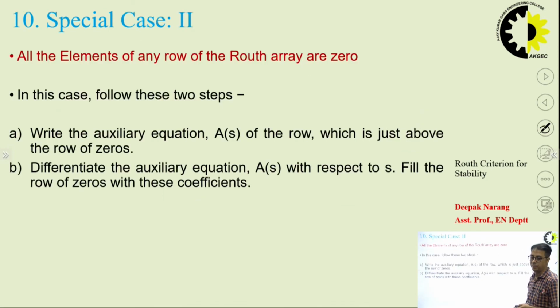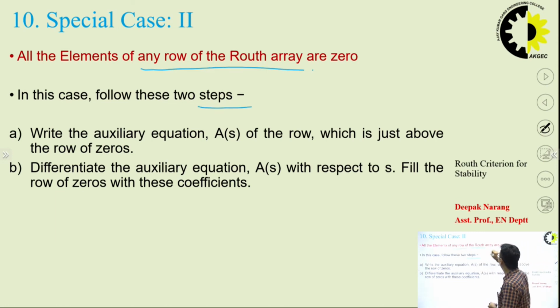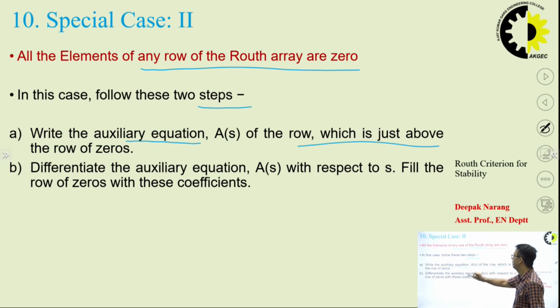This is case number 2. In this case, the complete row of the Routh array becomes 0. So we need to follow an extra step to solve this Routh array. For this, we need to obtain one auxiliary equation, and that equation is just above that row which has become complete 0.